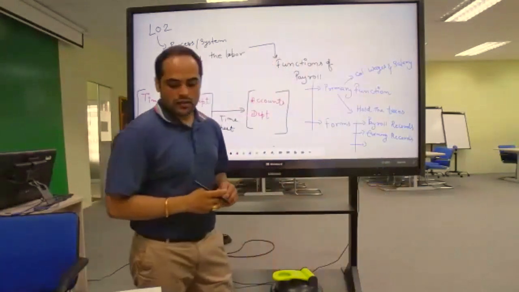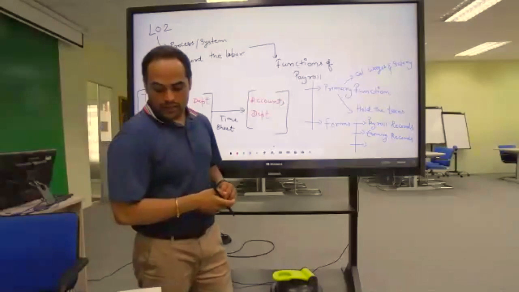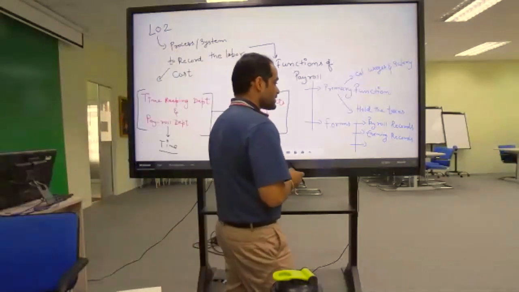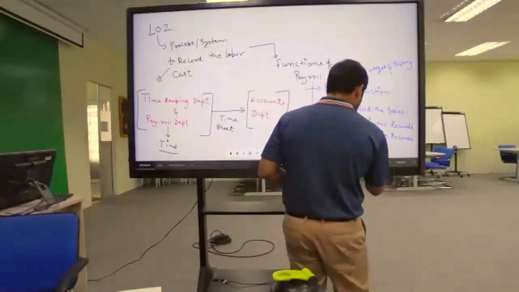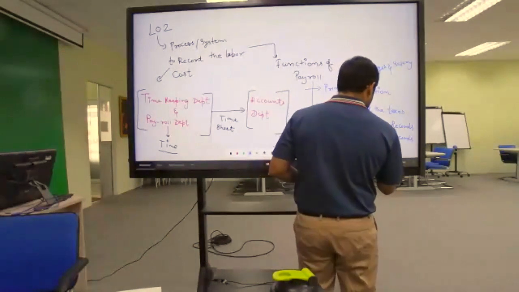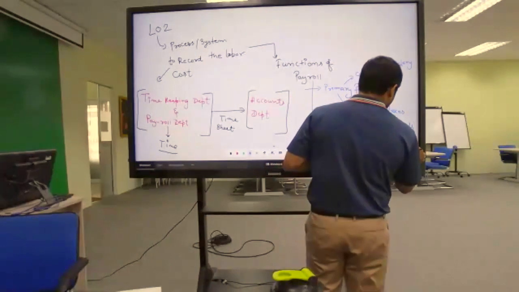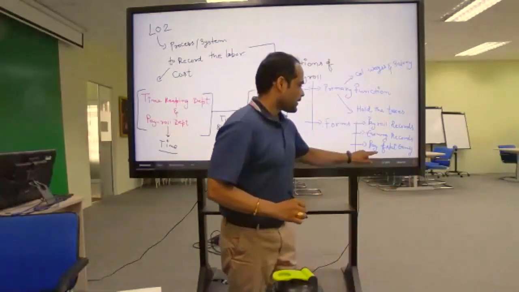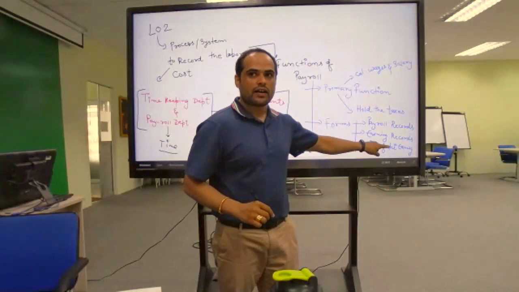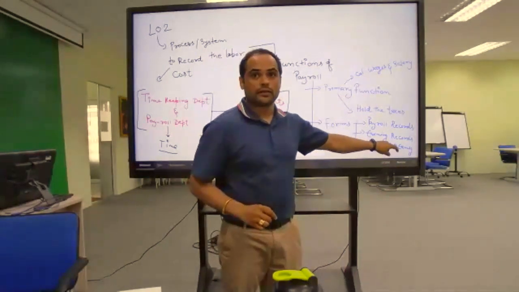And the third is payments of net earning.